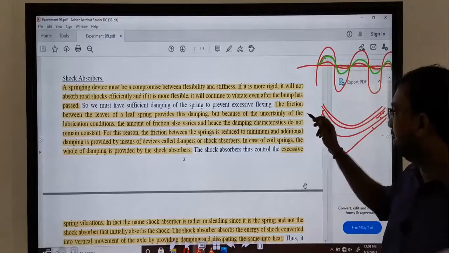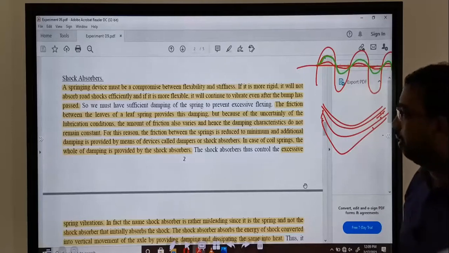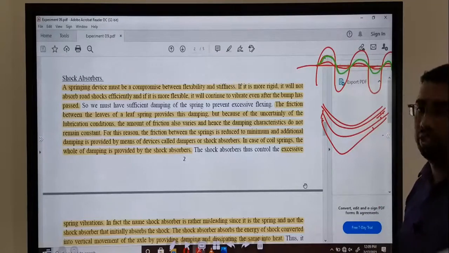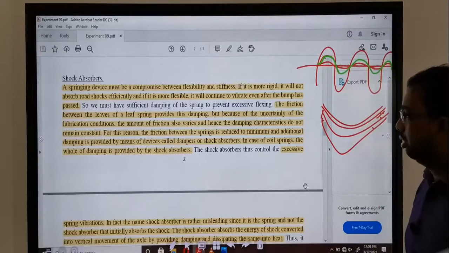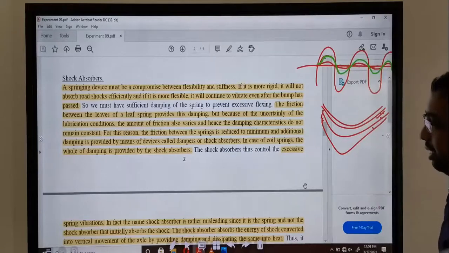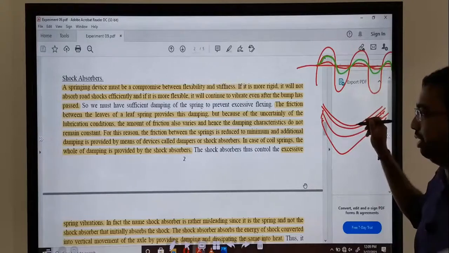But because of the uncertainty of the lubrication conditions, the amount of friction also varies. It is going to differ. So hence the damping characteristics do not remain constant. We cannot define the damping characteristics of leaf springs; it is not a constant.